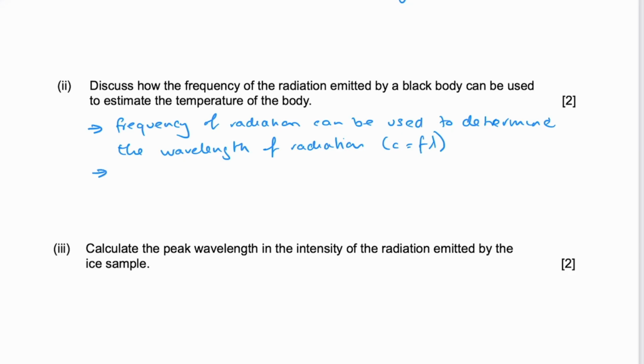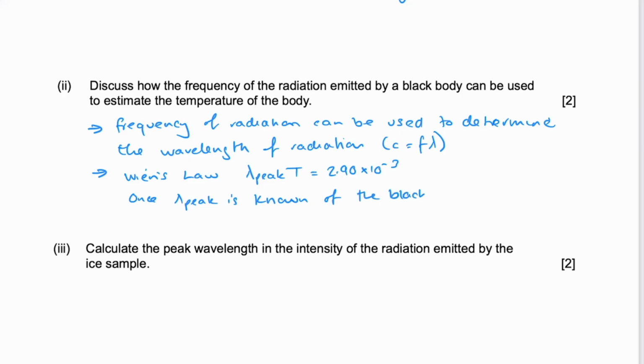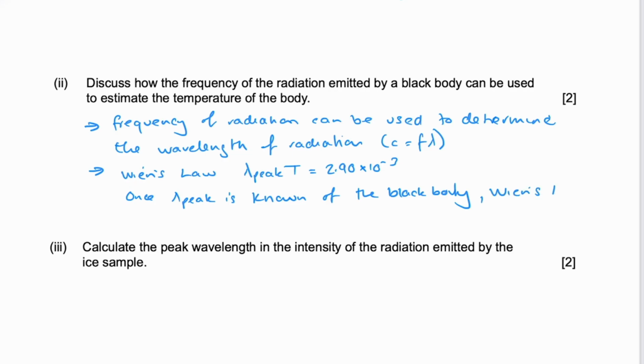And then the second point is Wien's displacement law: lambda peak times T equals 2.90 times 10 to the minus 3. So once lambda peak is known of the black body, Wien's law can be used.